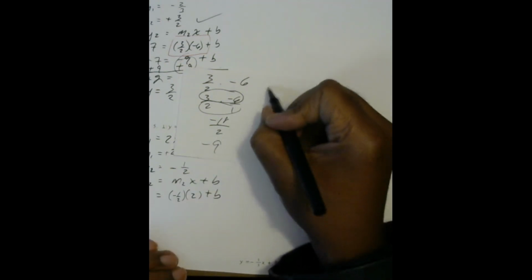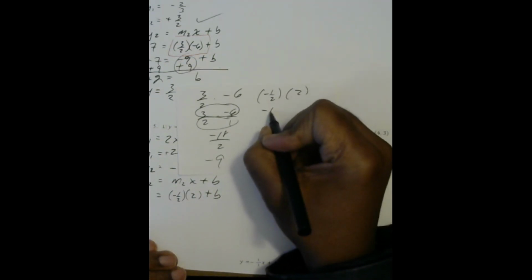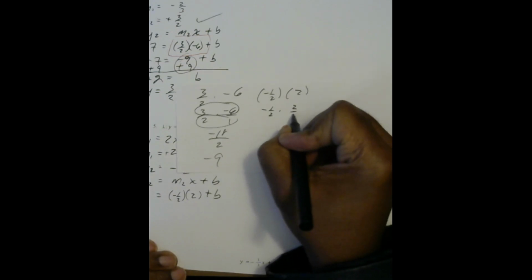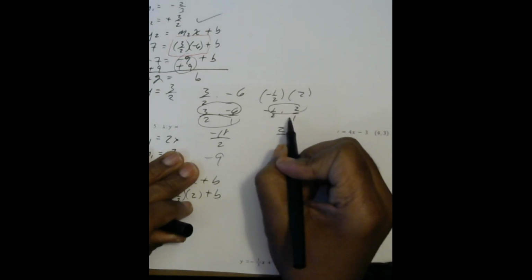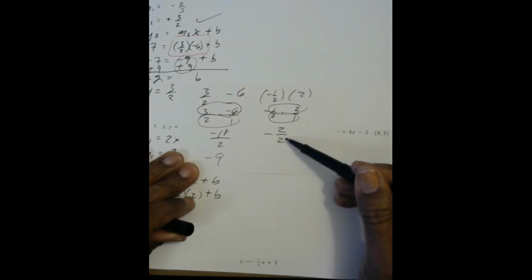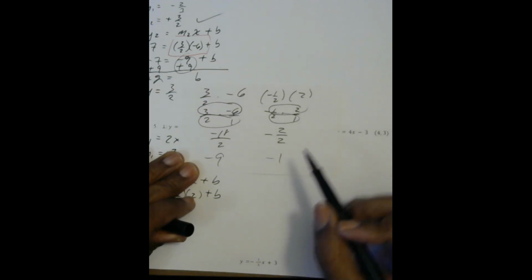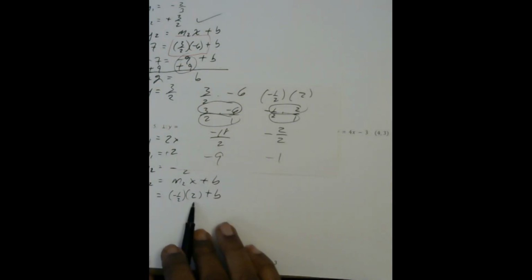All right, so now, off to the side, we're going to multiply the negative 1/2 and the 2 together. So we're going to make this negative 1/2 multiplied with 2 over 1. The numerator, 1 times 2 is 2. And the denominator, 2 times 1 is 2. And you add the negative. 2 divided by 2 is 1. So the combination of these two is going to be negative 1.